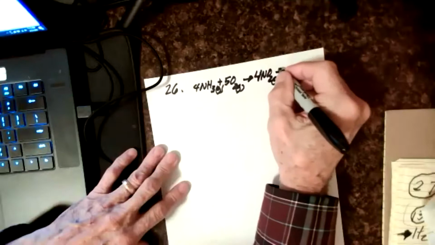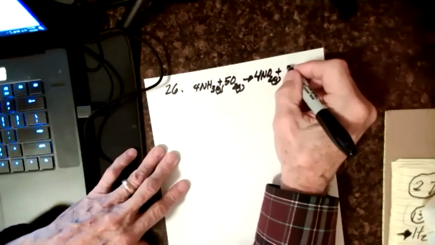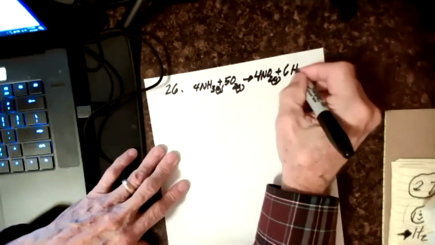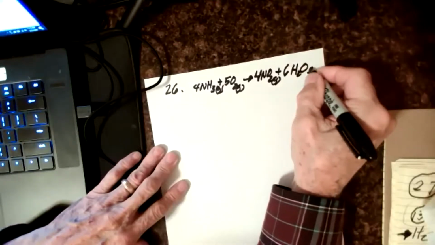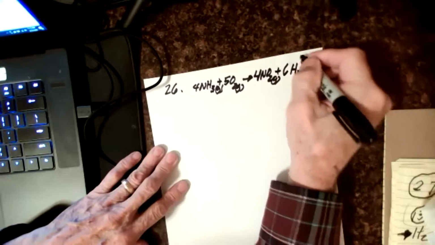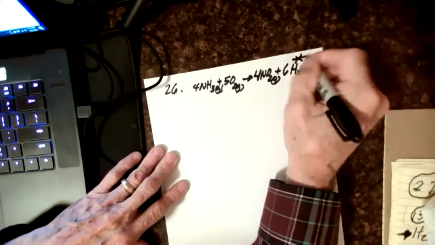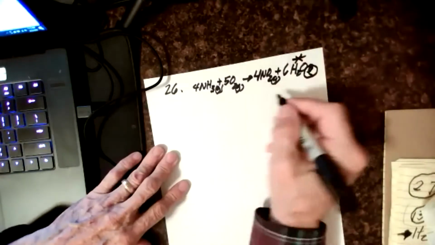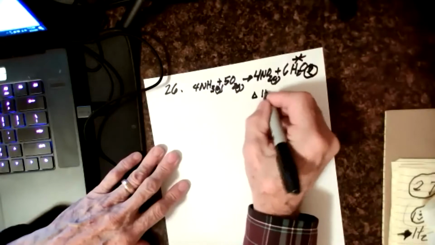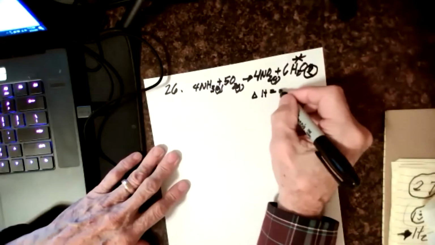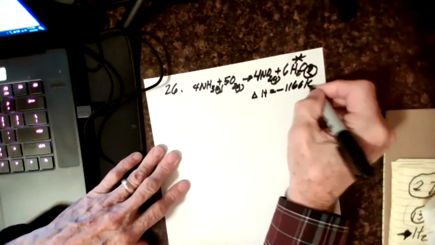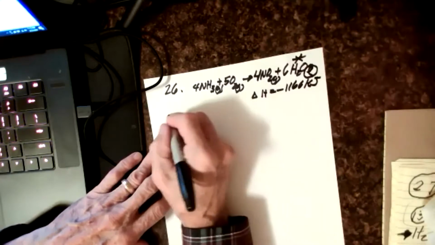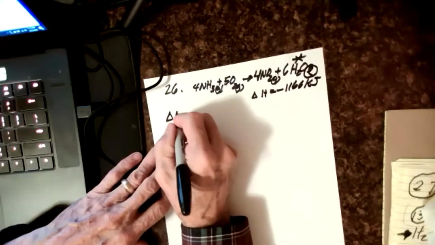Look at water. Plus 6H2O liquid. I'm going to put a big star there to watch out what I'm doing. We're told delta H is equal to minus 1166 kilojoules. And we're asked to see what is delta E.